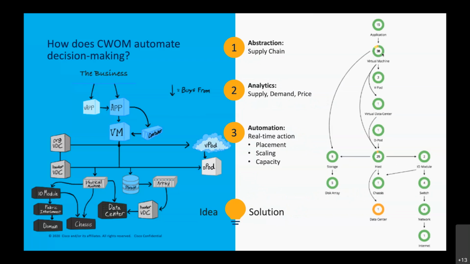Now, what does it do with all this information? So it started pulling all this information. First thing is abstraction. So it's going to start building a supply chain. Now, everything that you see in IWO is going to be inside a supply chain. So it's going to look at your virtual machine as a supplier of resources to your application. You might have a container system that sits either on bare metal or, let's say, on a virtual machine.